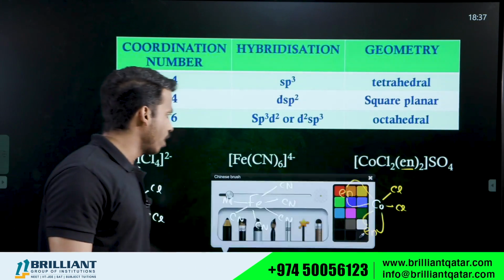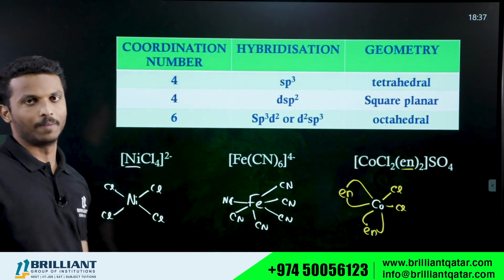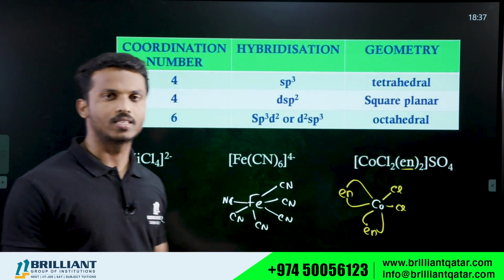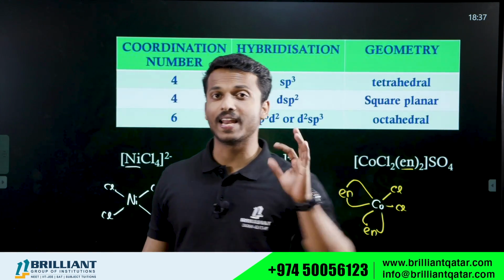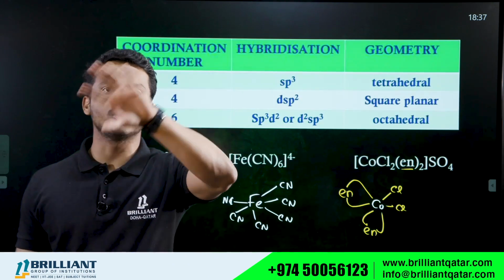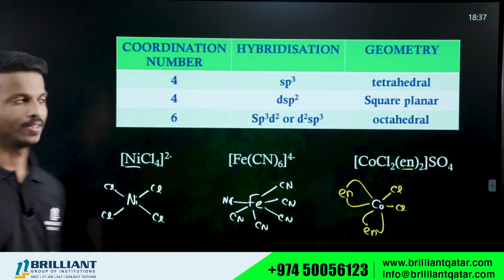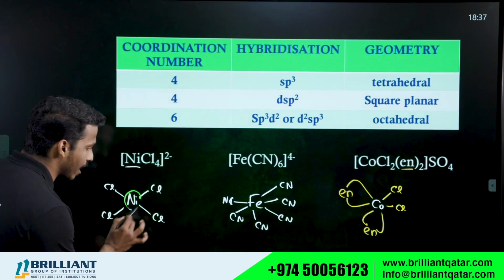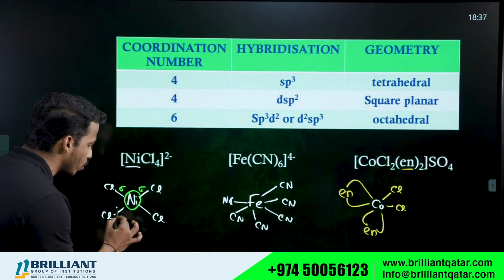Dear all, let me come to the definition of coordination number. Coordination number is the number of sigma bonds around the central metal atom which are created by the ligands. Which is the metal atom here? Nickel. How many sigma bonds are there around this nickel? 1, 2, 3, 4.